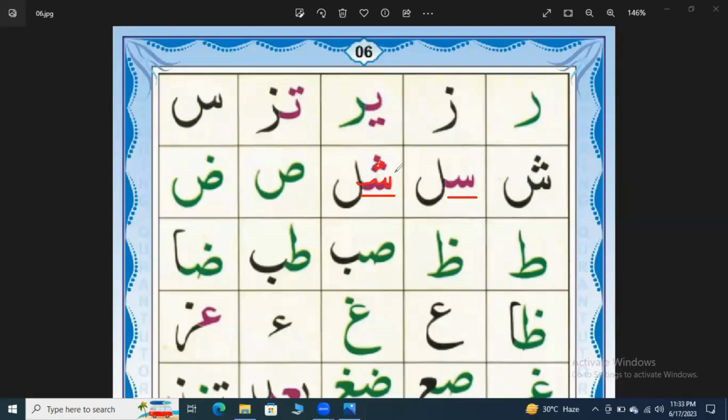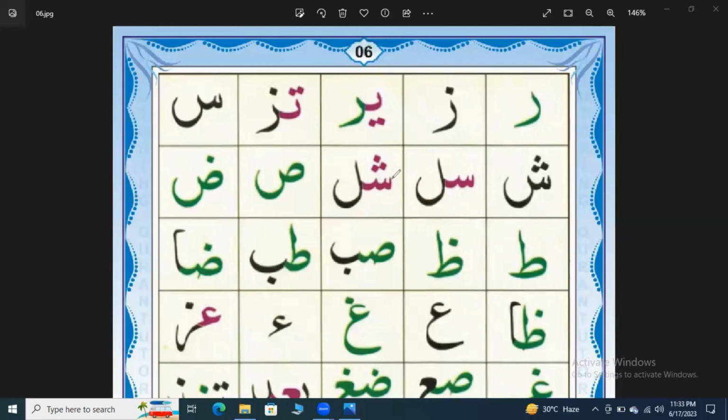You can also see over here that this part is cut from the sheen, and only this first part, these three teeth and three dots, is written in the joint form of sheen. So this one is sheen, and this one is lam, sheen, lam. The pink one is sheen, and the black one is again lam.